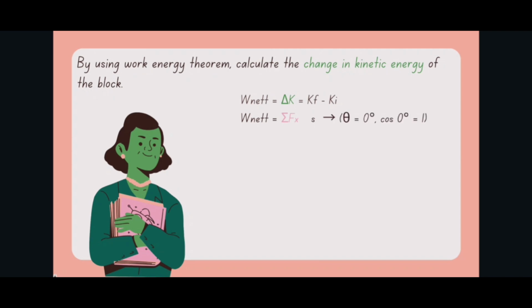The reason for the absence of cos theta is because the angle between the Fx and the displacement is 0, and thus cos 0 is equal to 1. So we don't really have to write the 1 in the equation. In the end, we can rewrite the equation as delta K equals summation of Fx times displacement.